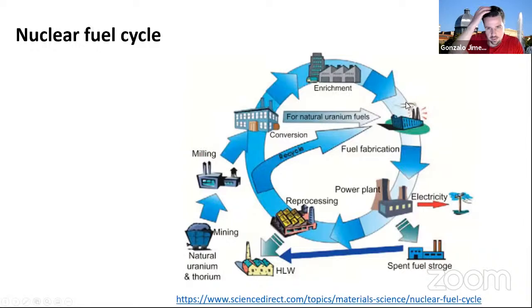Well, for a nuclear fuel cycle, we can choose between a closed and an open one. In many countries, we have an open one, like in Spain, in which once the fuel is spent in the reactor, we just store it, and that's all.